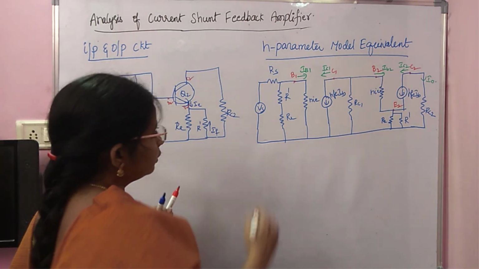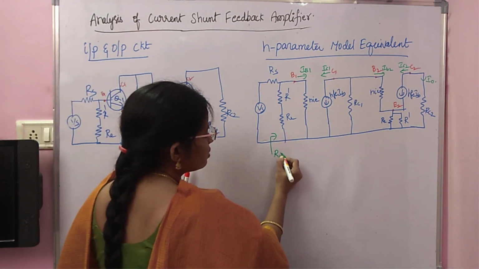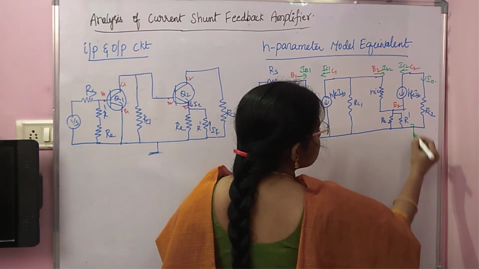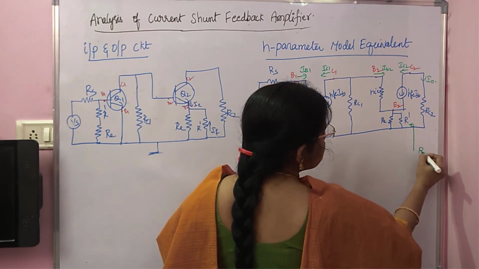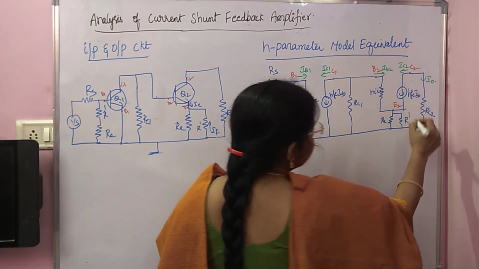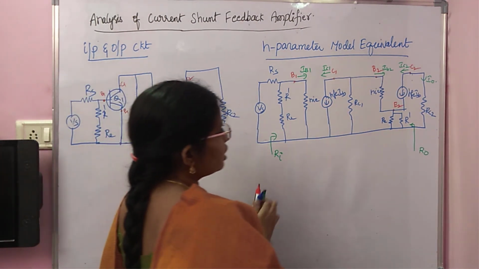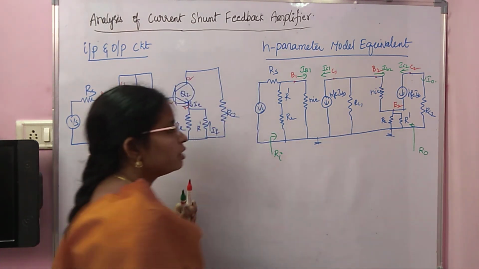Now I'll indicate the resistances Ri and R0 at the collector terminal. Here is a ground, here is a ground; in total you have one ground.